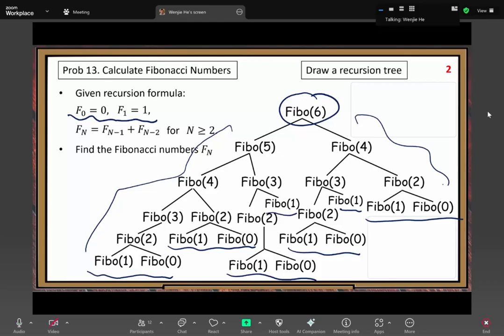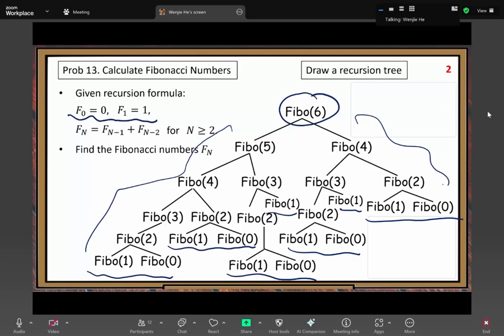Can you see any problem here? In your stack, that's how much information you need to hold in the stack of the recursion.